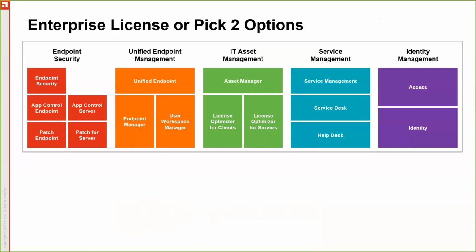Well, with AppSense and Heat and Res Software and Concord and extraction and a lot of different acquisitions and mergers that Landesk Ivanti has done over those years, a new option for a lot of customers now is the Ivanti ELA. So the Enterprise License Agreement allows customers to either pick 2 from all of these 5 pillars or get what we call the Unified IT ELA, which is all 5 of the pillars.